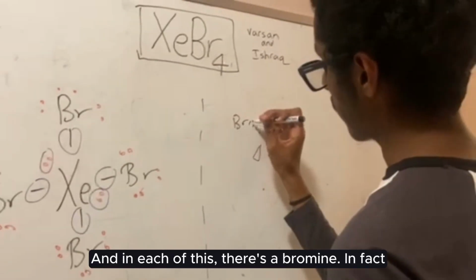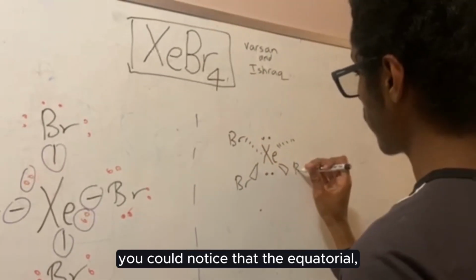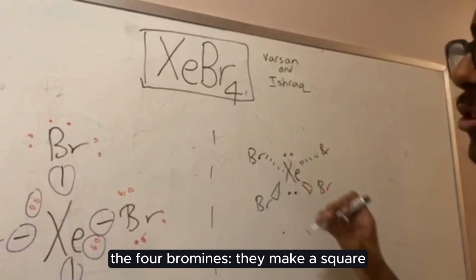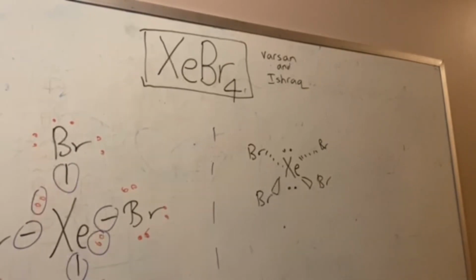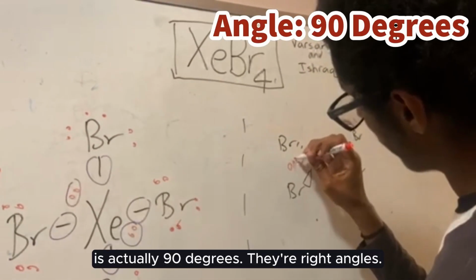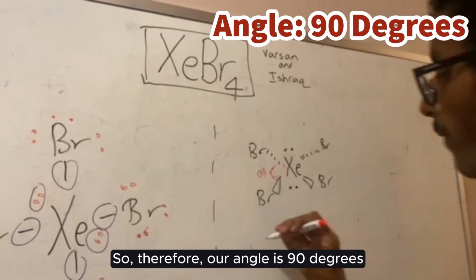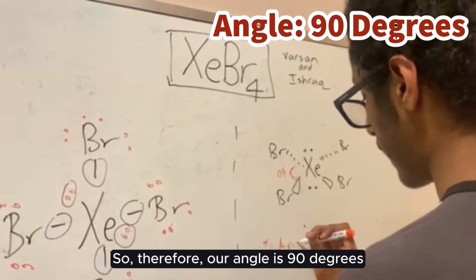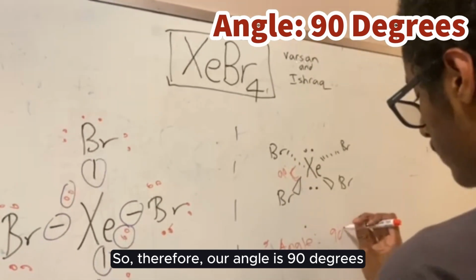In each of these, there's a bromine. In fact, you could notice that the equatorial 4 bromines make a square, and the angle formed between these is actually 90 degrees, the right angles. So, therefore, our angle is 90 degrees.